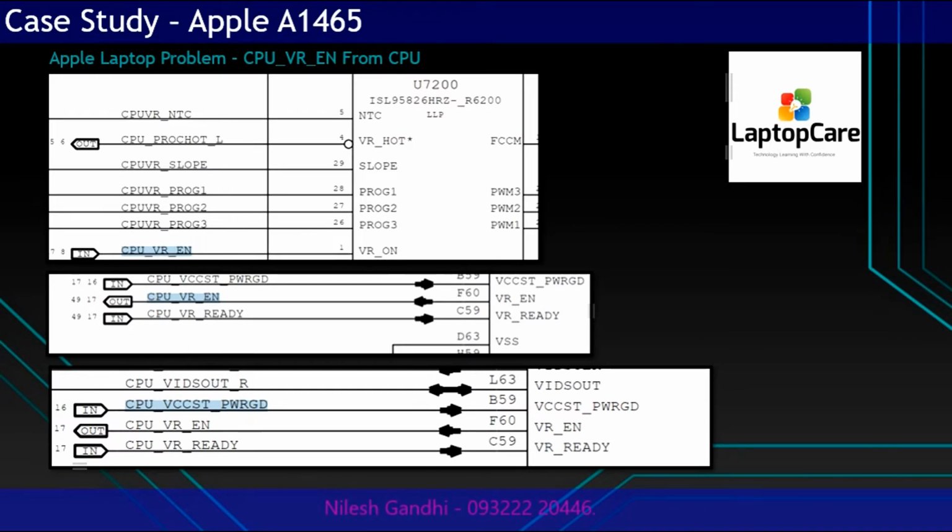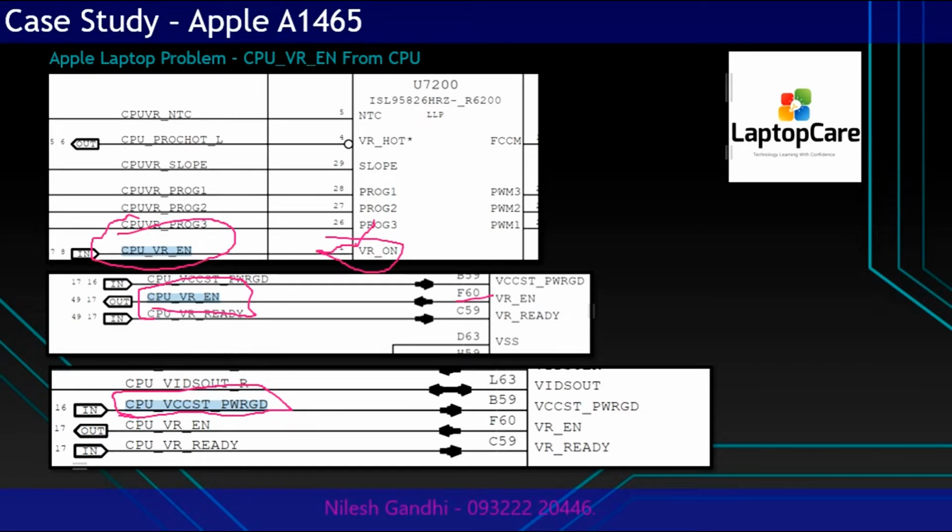Here we can see U7200 pin 1 receives the CPU VR enable signal only when the CPU outputs this particular signal from its F60 pin, which in turn is received when the CPU gets CPU_VCCST_power_good, and only then will this CPU VR enable at pin number 1 receive its signal.